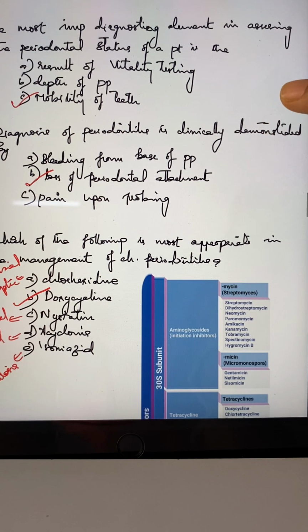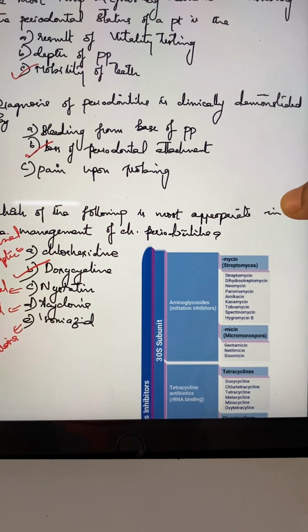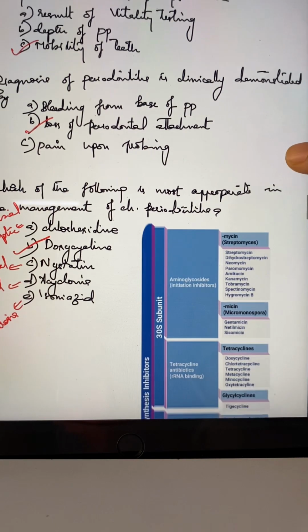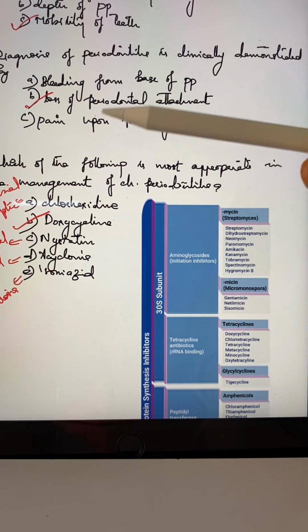So we mainly diagnose this by determining the mobility of the teeth. Next, the diagnosis of periodontitis is clinically demonstrated by the loss of periodontal attachment, not based on bleeding or pain. It's based on the attachment loss.